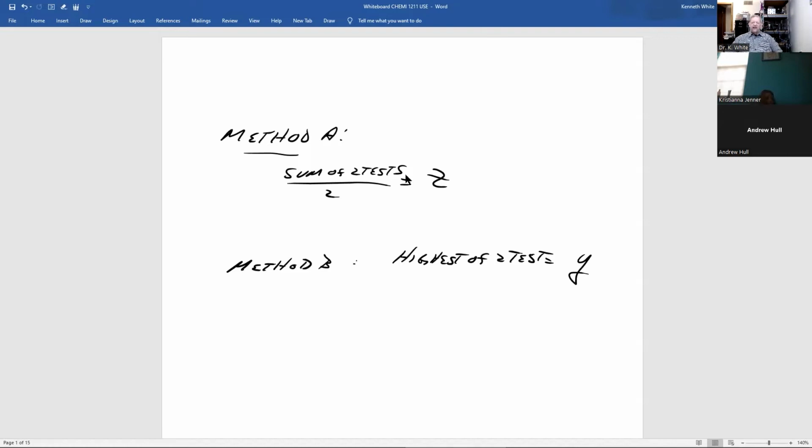You look at your 2 tests, take the higher score, and if it's 90 and above, you're getting an A right now. If it's 80 to 89 B, 70 to 79 C, 60 to 69 D, and below 60, 59 or lower, F.